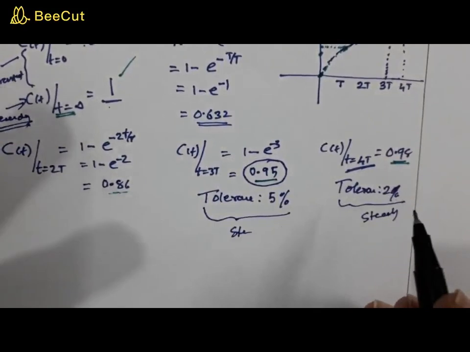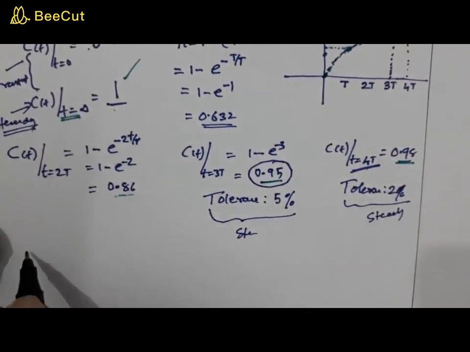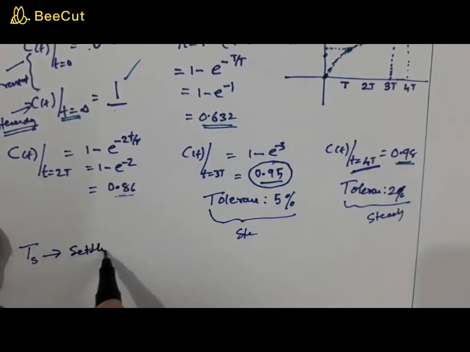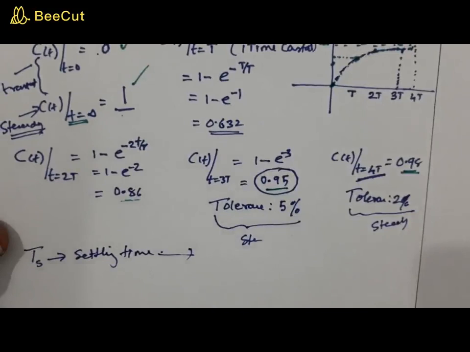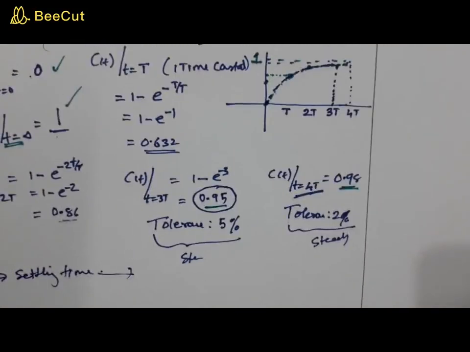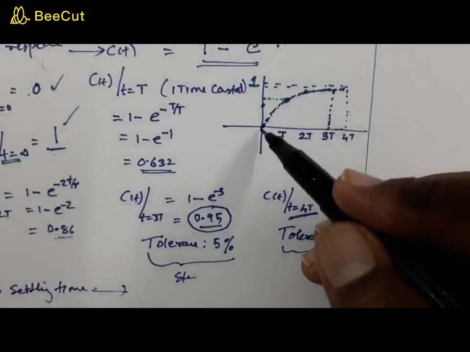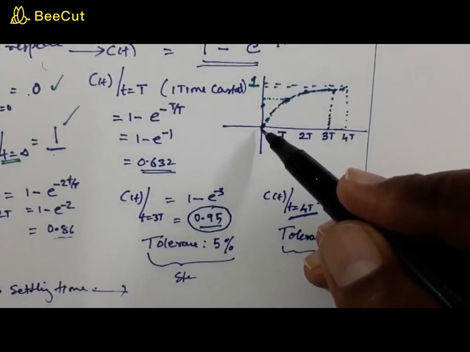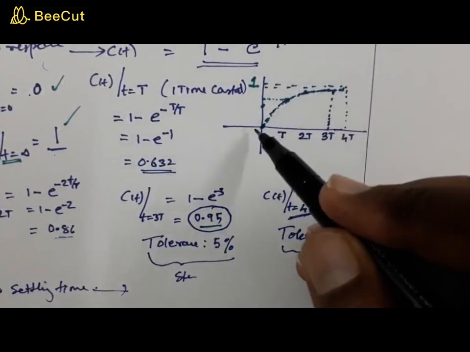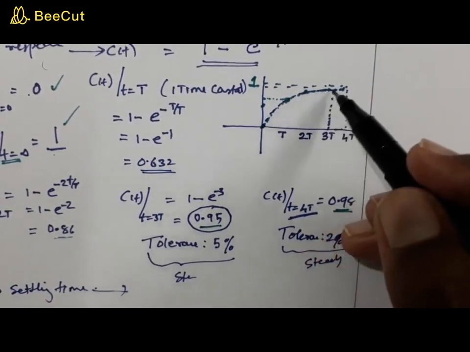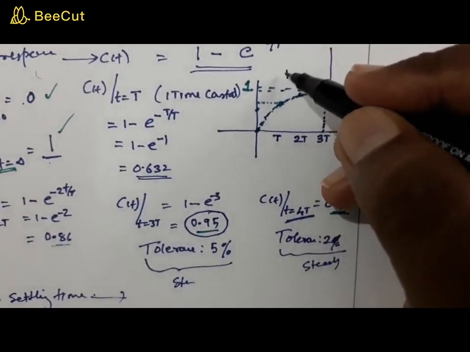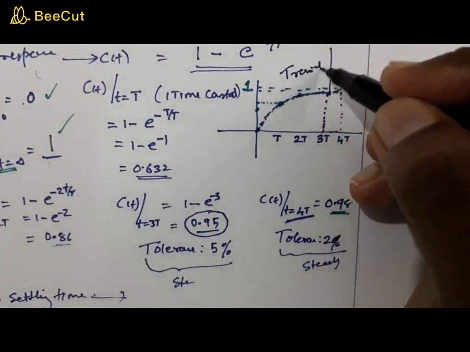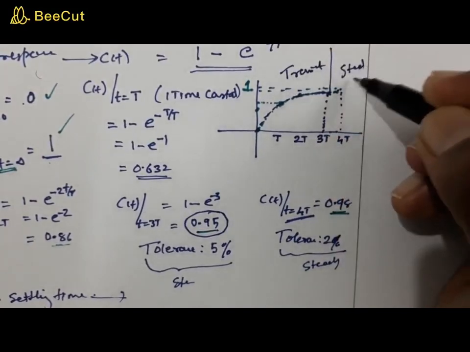Now based on that, you can define one more term called Ts, which is called the settling time. What do you mean by settling time? You might have understood what settling time is by now. It is the time taken by the system to reach the steady state as it progresses through the transient state. As I told you, the response actually consists of two parts: one is the transient response, the other is the steady state response.